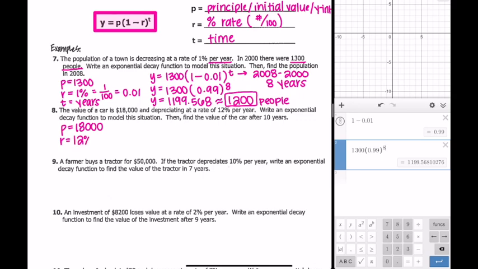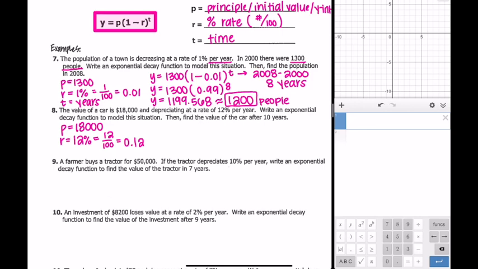So 12% is 12 out of 100, which is 0.12. And if you're ever unsure about this, type it in the calculator. 12 divided by 100 is 0.12. And that rate occurs every year, so T represents years.